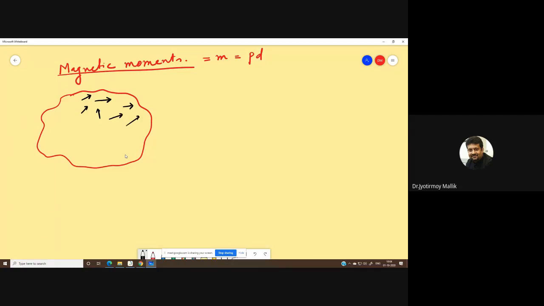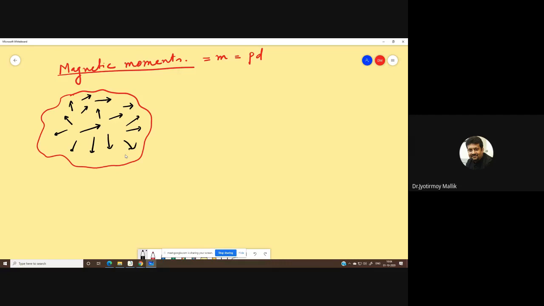Right? Now, the size of the arrow represents its strength or magnitude, and the direction of the arrow represents its direction, right? So let us say it's fairly randomly oriented the way we have drawn it.